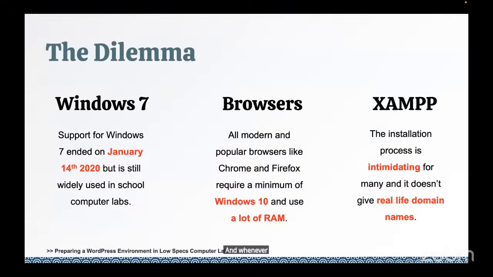And whenever you install Chrome, it says you have to upgrade your operating system, but the computer cannot support it. Then the popular XAMPP. This is one of the things that intimidated me when I started my journey into WordPress. Thanks to Rogers, it guided me, and somehow I grasped XAMPP. But truth is, it is in many cases intimidating.